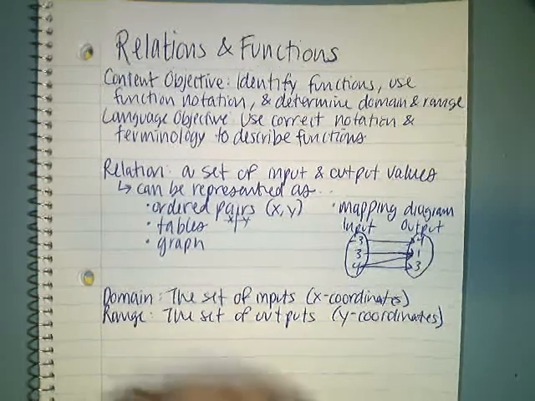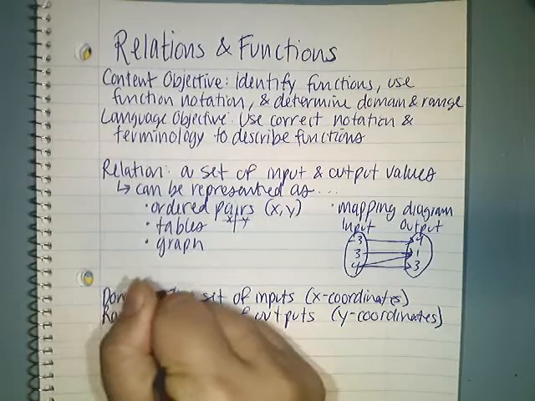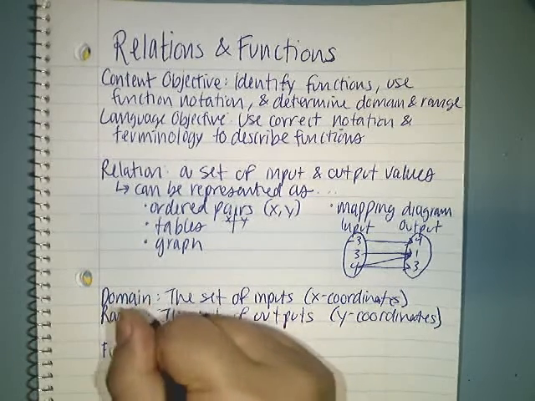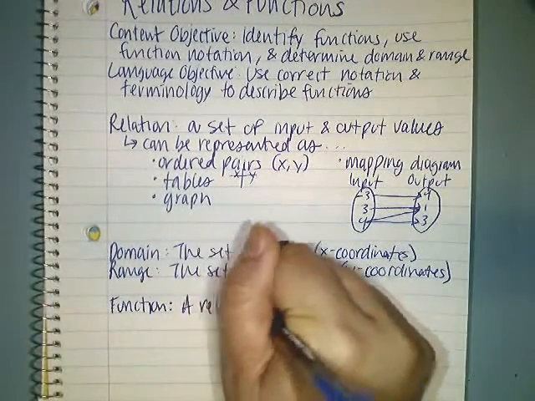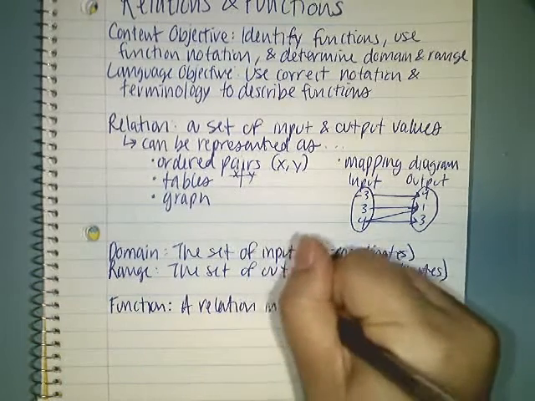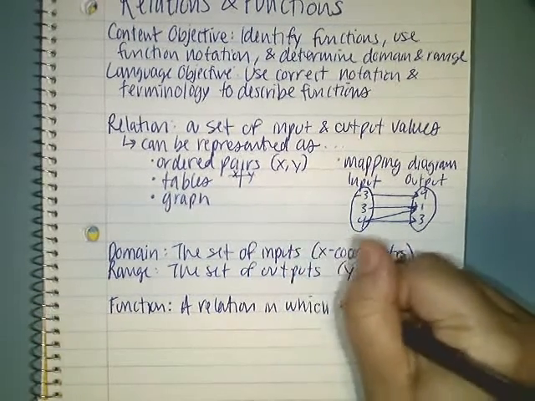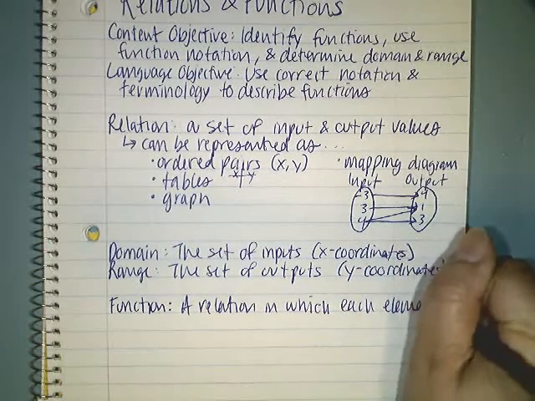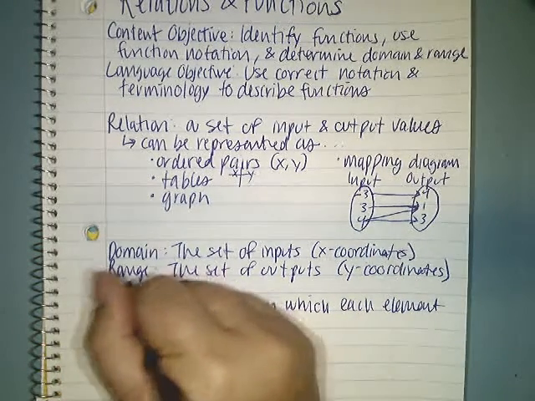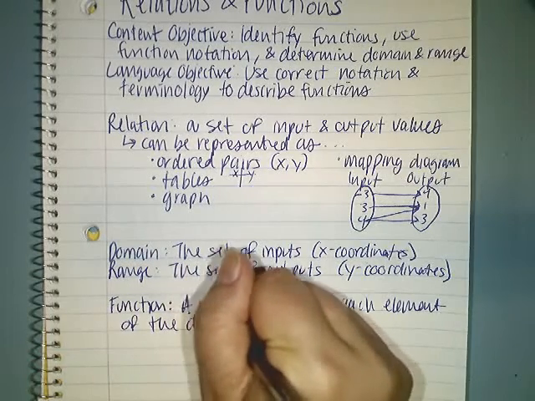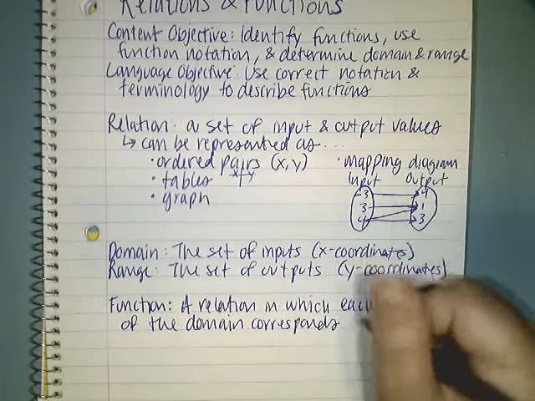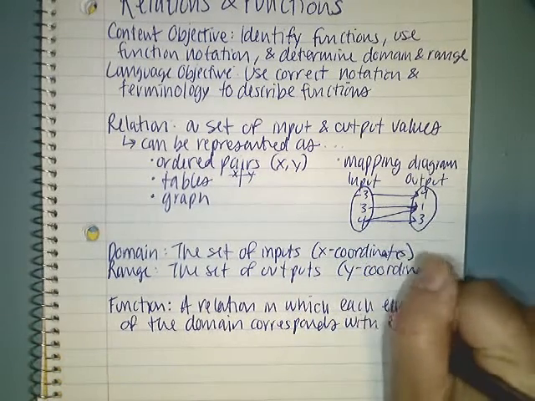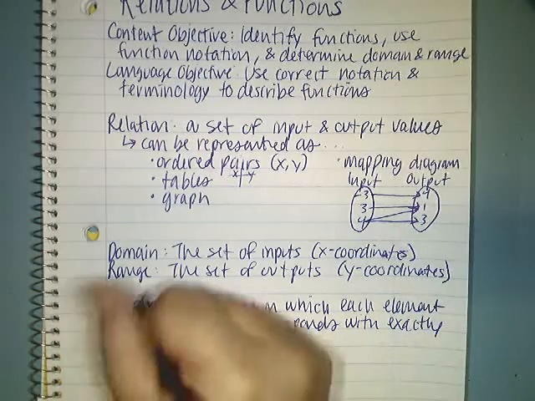And the reason I bring up domain and range now, so domain is the x, range is the y, you may have seen that before, but the reason that's important for today's lesson is because a function, the specific definition we have for a function is a relation in which each element of the domain corresponds with exactly one element of the range.